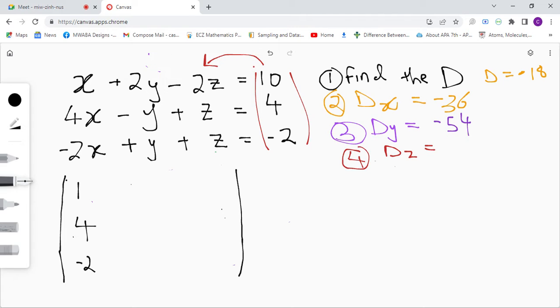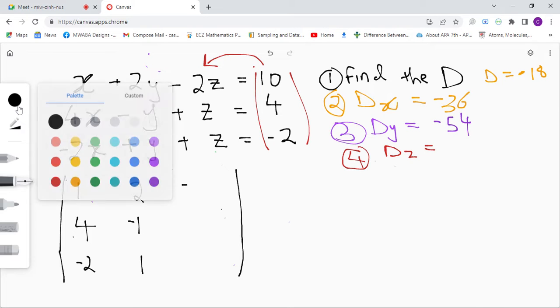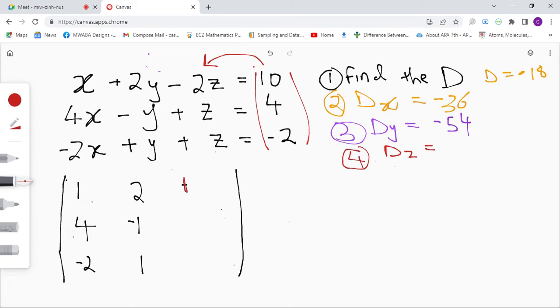Coefficients for our y column, we have 2, -1, and 1. And then coefficients for the z column, let me write it in red, oops, I almost made a mistake with the wrong ones: 12, 10, 4, and -2.